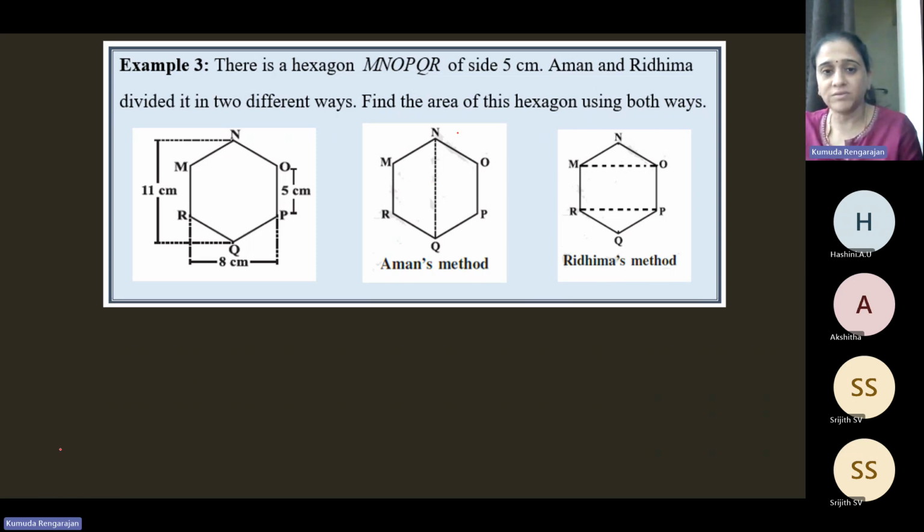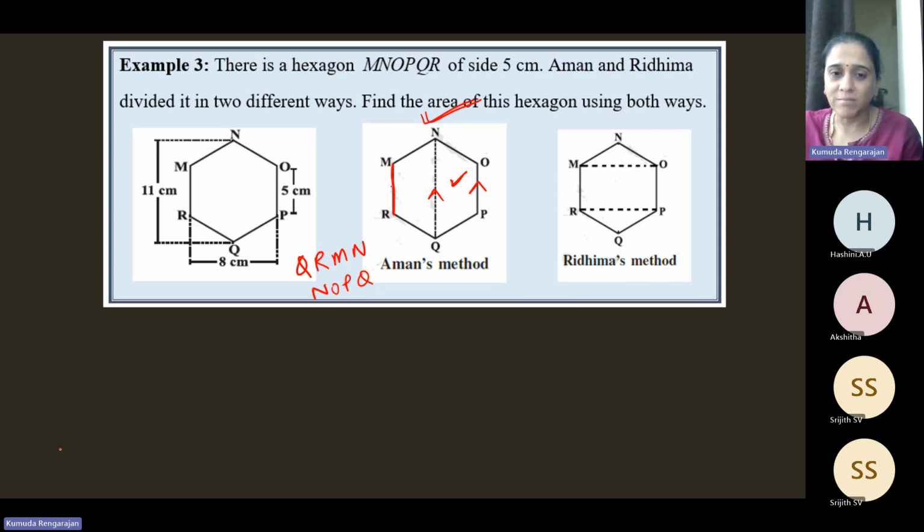Tanvan, which are the two trapeziums in this figure? Q, R, M, N, and N, O, P, Q. Okay. Avnish, which are the parallel sides of this trapezium? QN and OP. All right. So what is the length of MR?